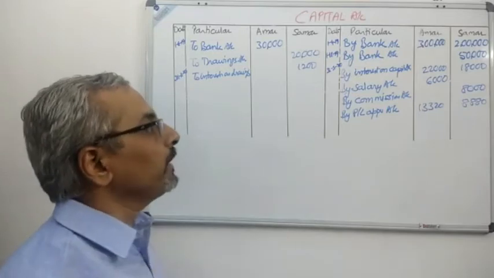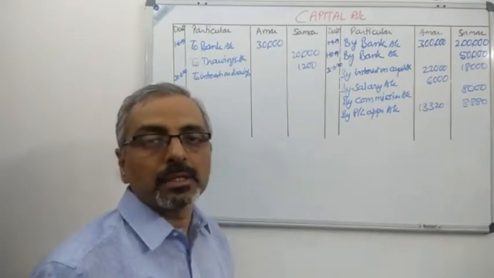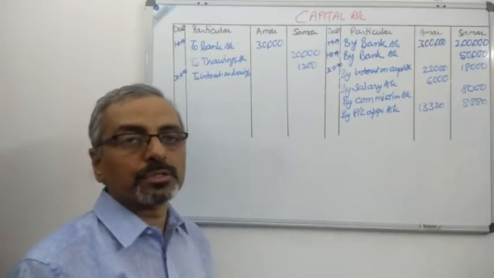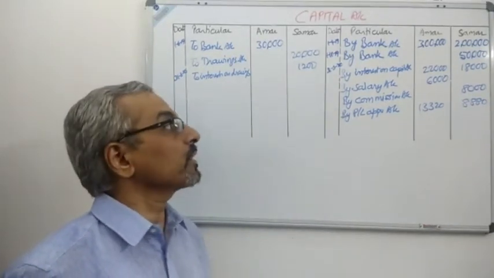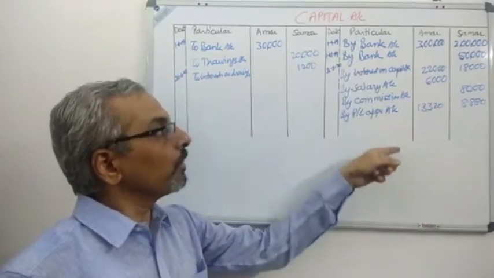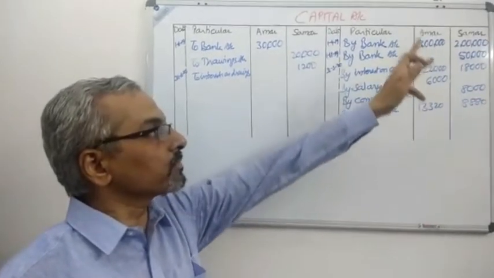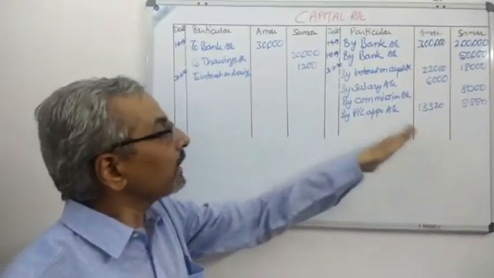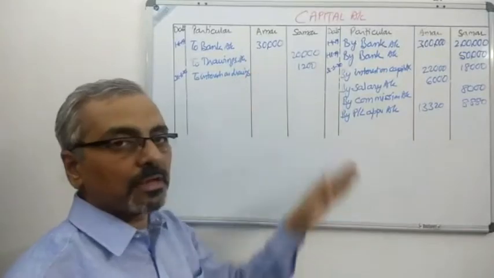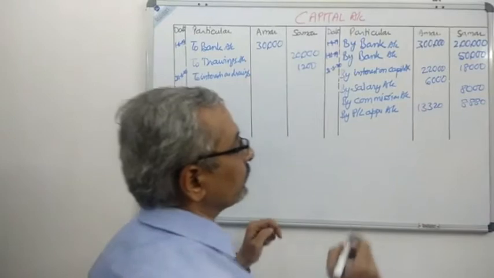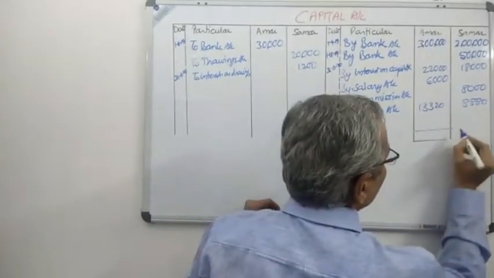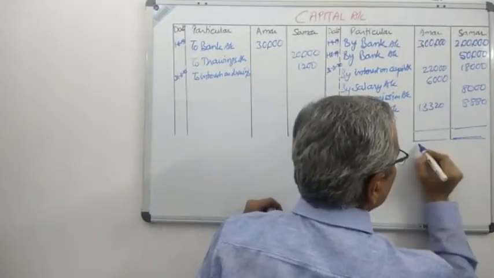Now this completes the postings. After the posting has been done, the next step which is left is the addition, which we will take the addition of these four columns, and after we add this, we'll compare with this and we'll subtract and find out what is the balance. So let us see what is the total of this and what is the total of this.